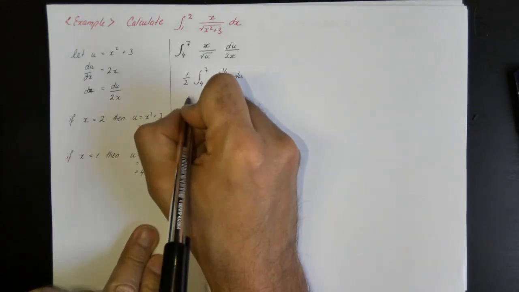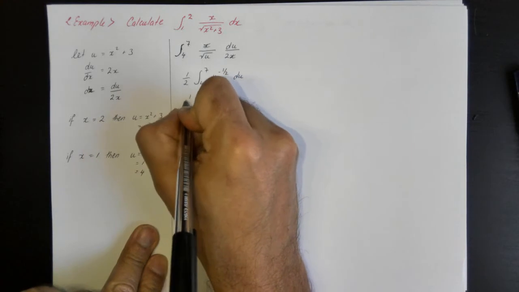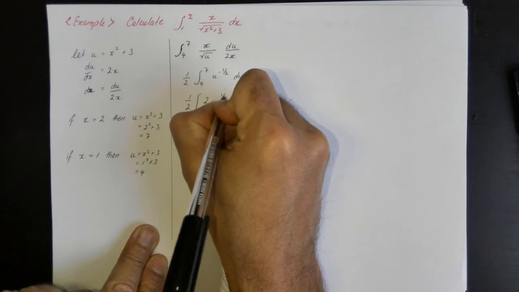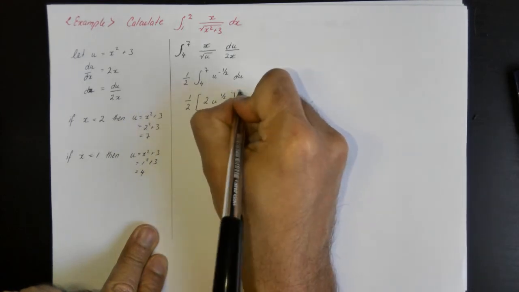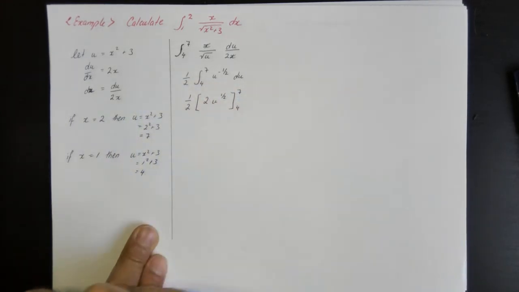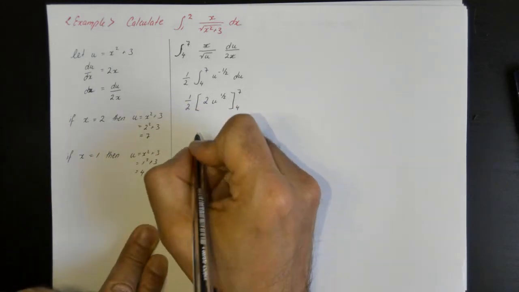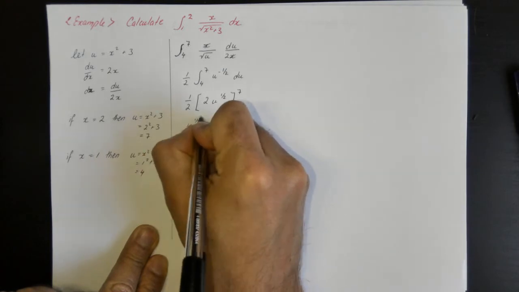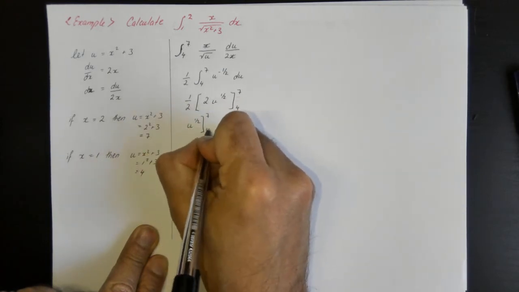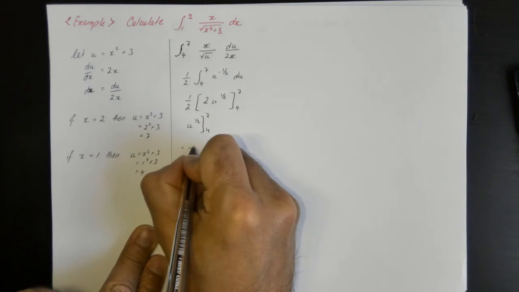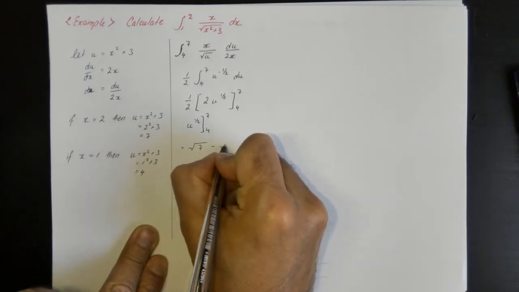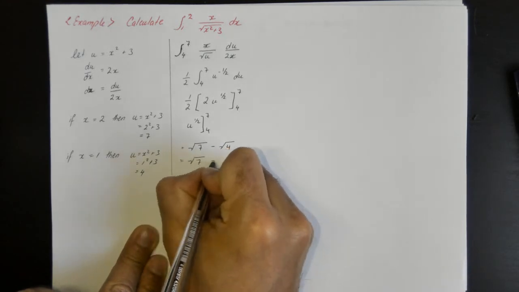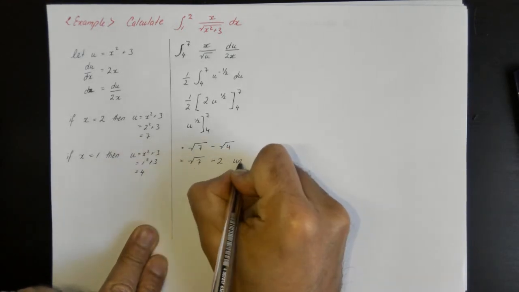I divide by a half, which gives me 2. Well, that cancels out, so I really have u to the power of a half from 7 to 4. So I have the square root of 7 minus the square root of 4, which is square root of 7 minus 2 units squared.